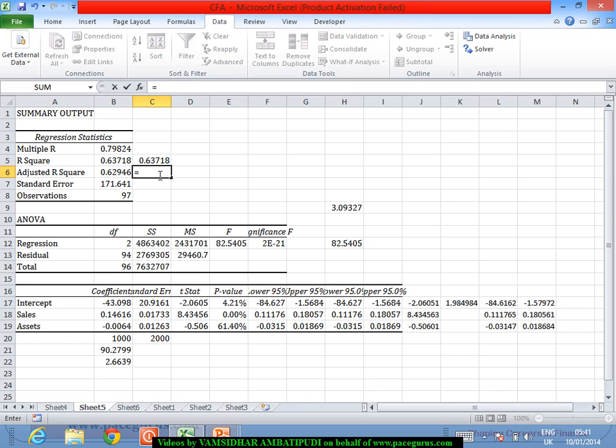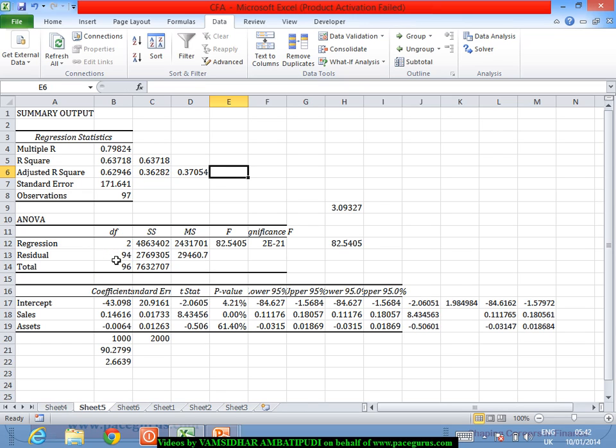The first step, do 1 minus R squared. Multiply this by n minus 1. N minus 1 is 96, the total degrees of freedom, divided by the residual degrees of freedom.